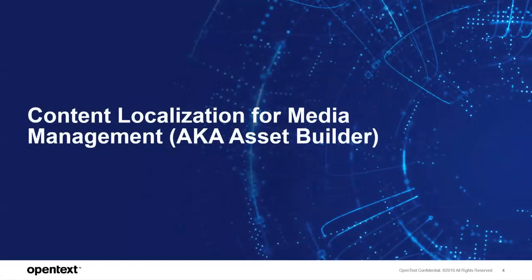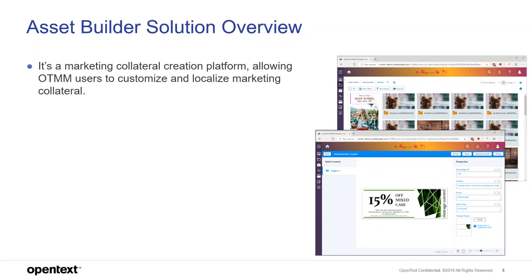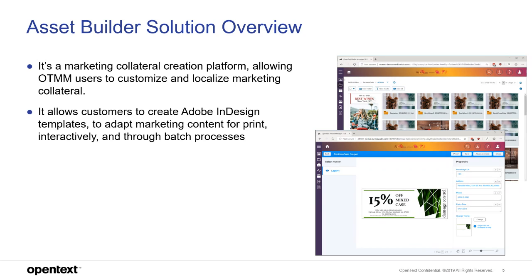So on to Asset Builder, or content localization for media management. So a quick overview to start off with. So Asset Builder is really a marketing collateral creation platform. So it really allows your OTMM users to customize, localize, personalize any type of marketing collateral or marketing material.